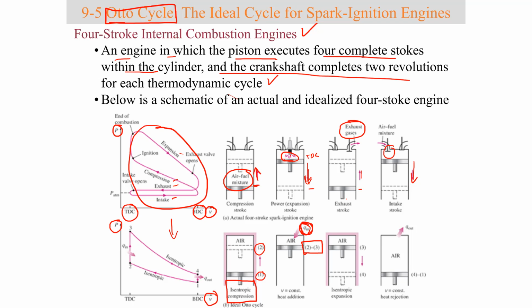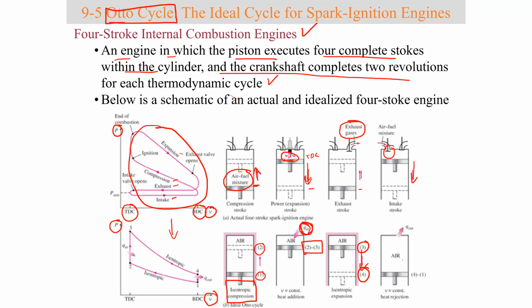Here we have the exhaust stroke, where the piston goes back up to top dead center, and at the same time expels the hot exhaust gases, right? Because the exhaust gas is hot. Well, we're going to replace that process with process 3 to 4, which is isentropic expansion.